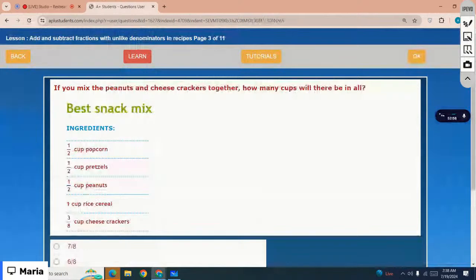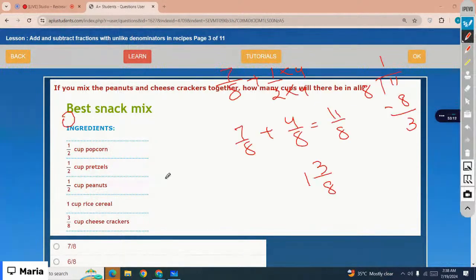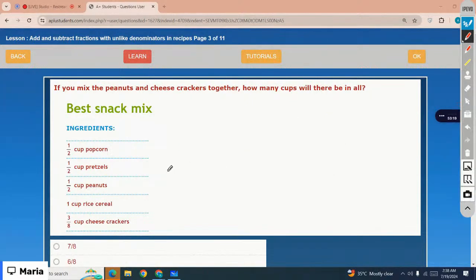If you mix the peanuts and cheese together, how many cups will there be in all? We need to add peanuts and cheese crackers. So which is the correct option? 1 by 2 cups of peanuts, 3 by 8 cup of cheese crackers.